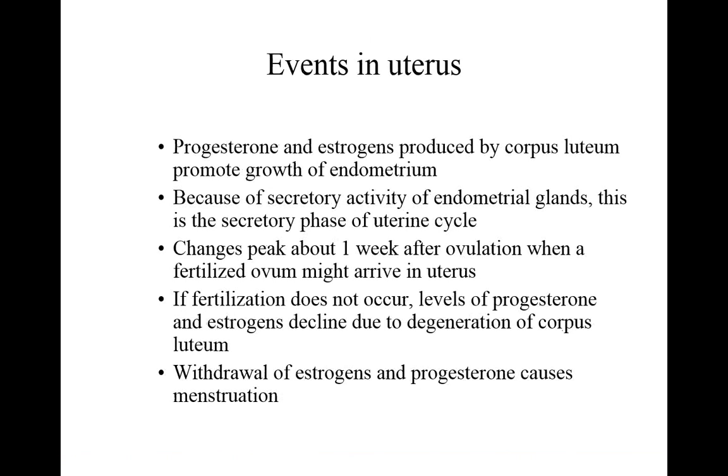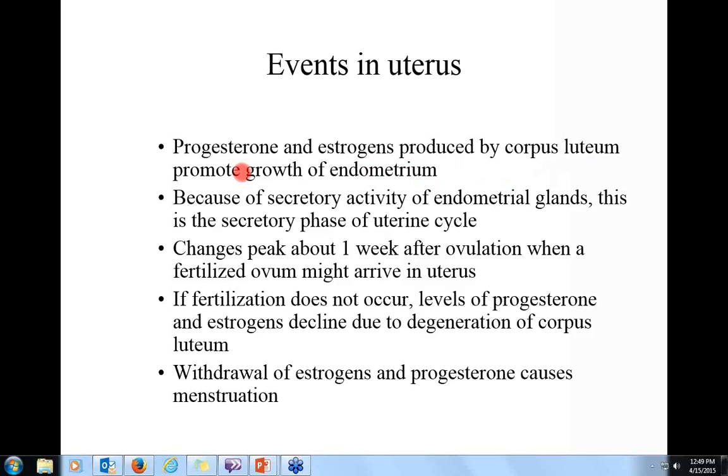Okay, in the uterus, what's occurring? The endometrium is still growing and keeps getting thicker. And 1 week after ovulation is when the potential fertilized egg could arrive in the uterus, and it will implant into the endometrium.